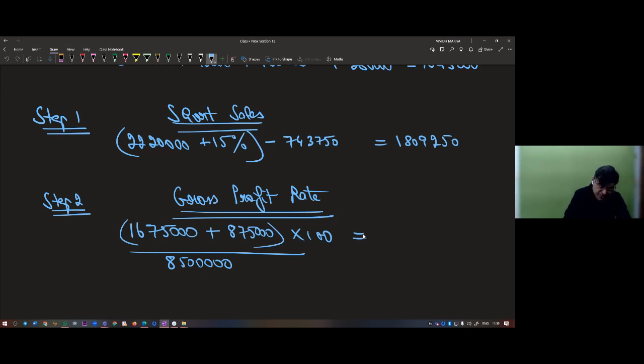That is 30%. The fall is 5%, so effective it will be 25%.